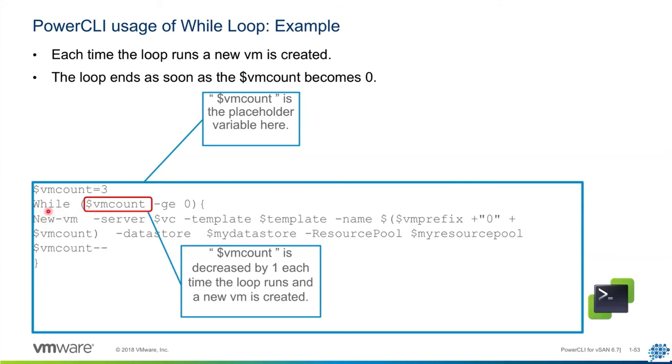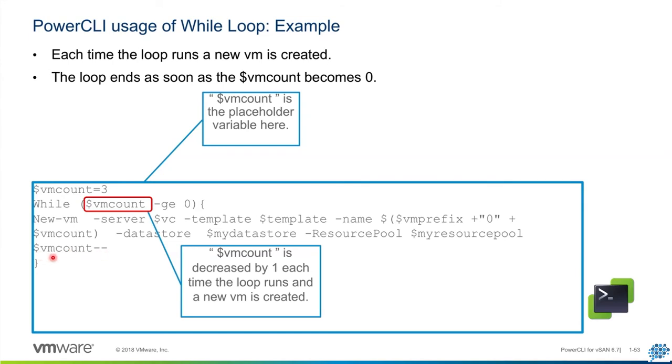I say, while $VMCount is greater than 0. This loop is going to continue as long as the variable VMCount is greater than 0. And the most important thing here is that each time the loop executes, which means each time we perform these operations, VMCount is reduced by 1.